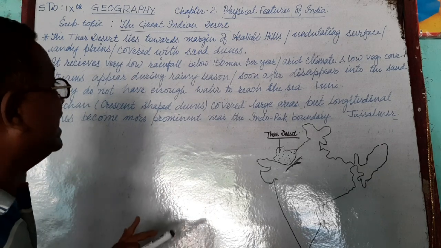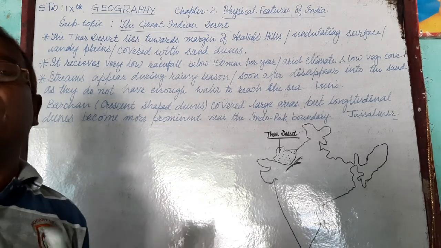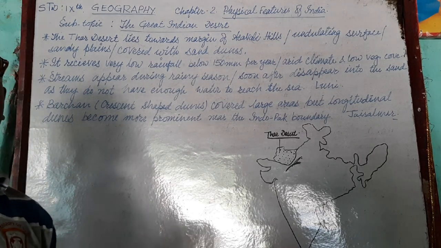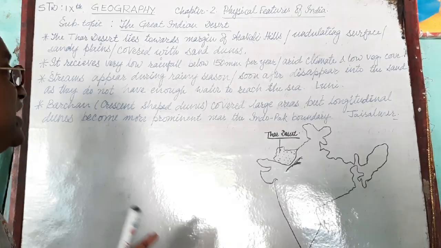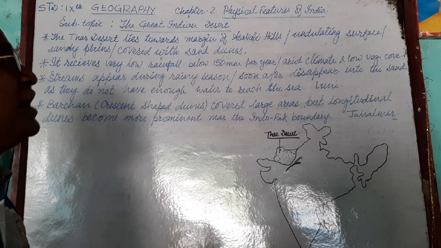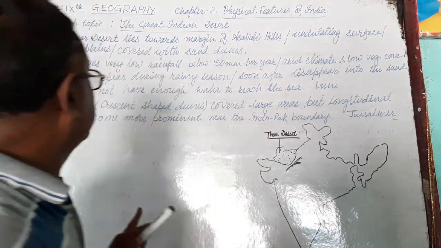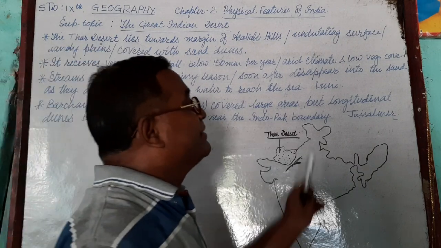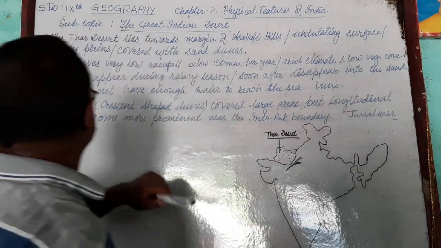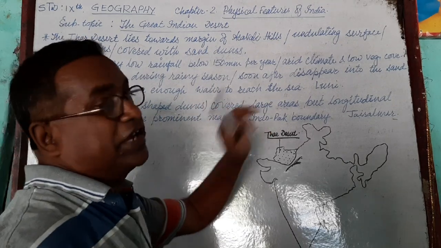In the rainy season some streams appear, but they are not steady. Soon these streams or rivers disappear into the sand, as they do not have enough water to reach the sea.